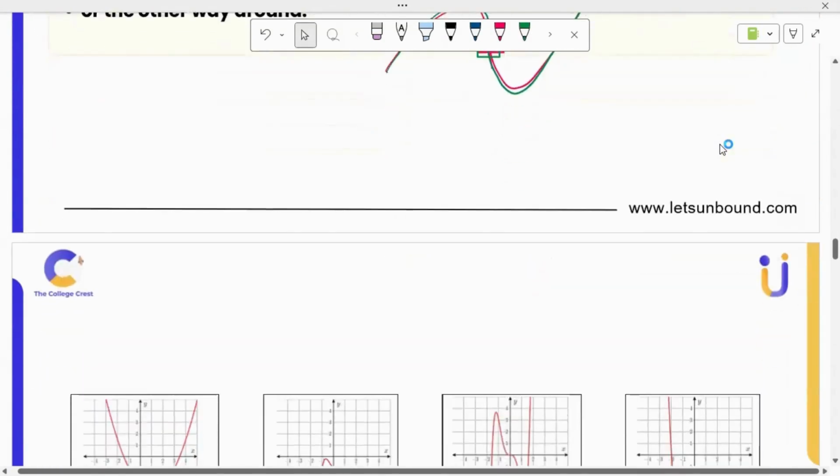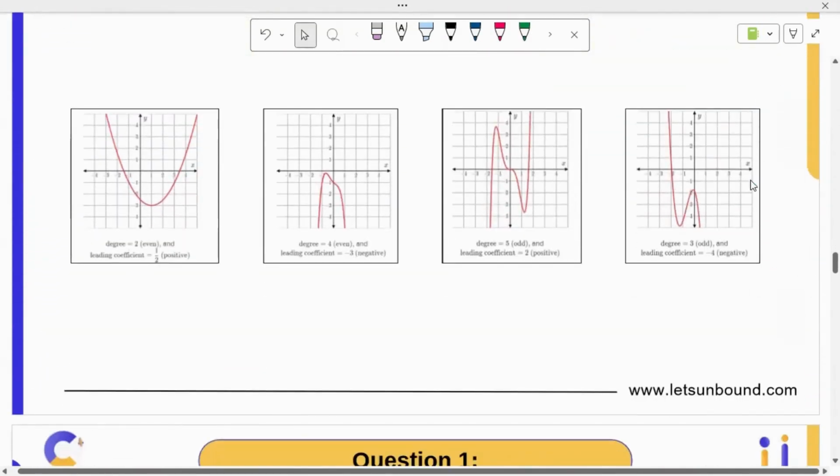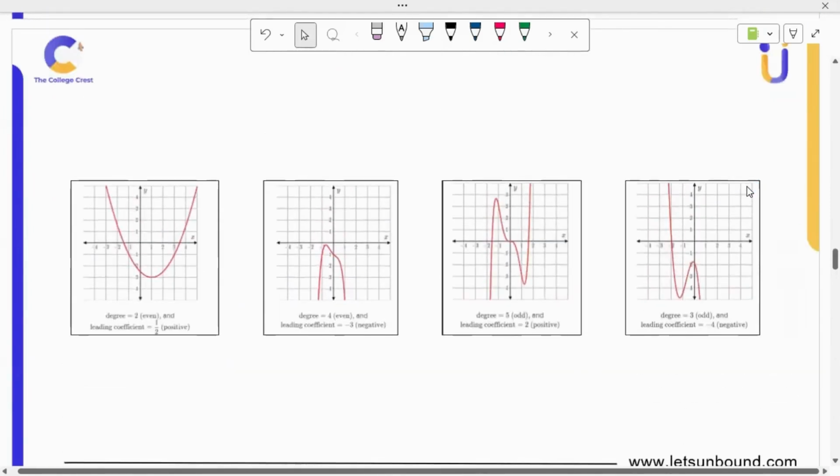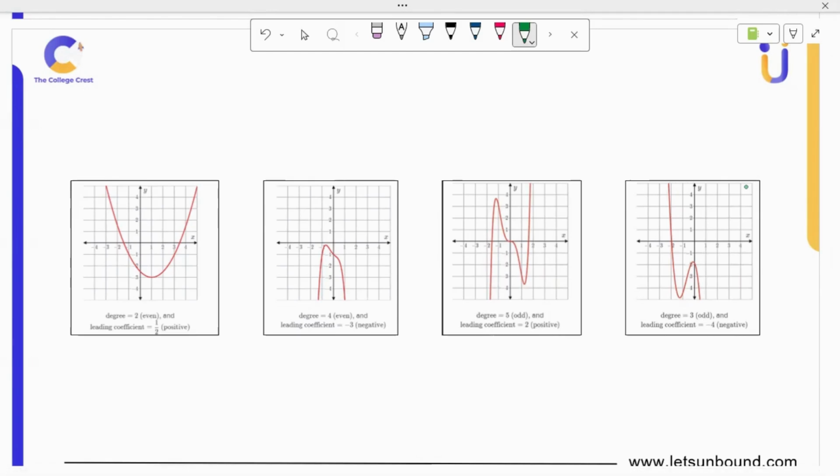Now, a very important thing we must know about polynomials. We are classifying them into two types, odd degree and even degree. You can observe this is an even degree quadratic, ax squared. It will be either facing upwards or downwards. If your leading coefficient is positive, it will face upwards.